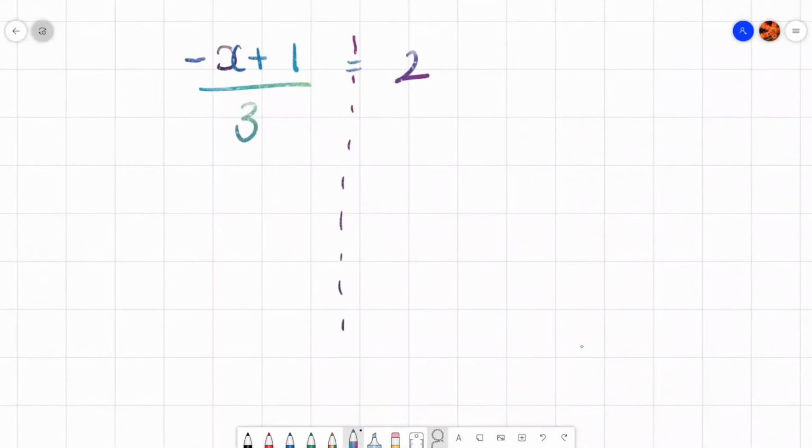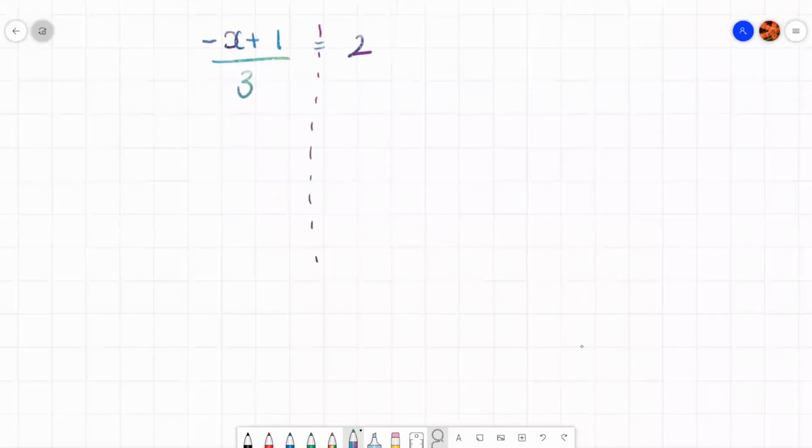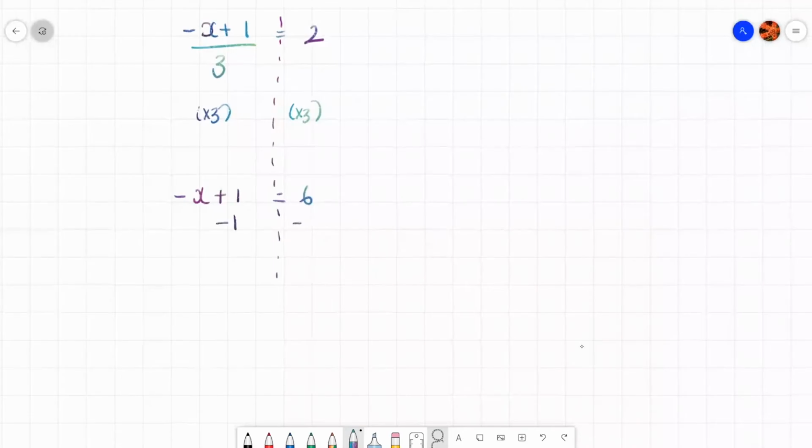First of all, you need to get rid of the divide by 3, by times by 3. 2 times 3 is 6, and divide by 3 and times by 3 cancel, minus x plus 1 equals 6. Two things you can do here. So let's get rid of the number first, minus 1, minus 1. I'm left with minus x equals 5, because 1 take 1 is nothing.